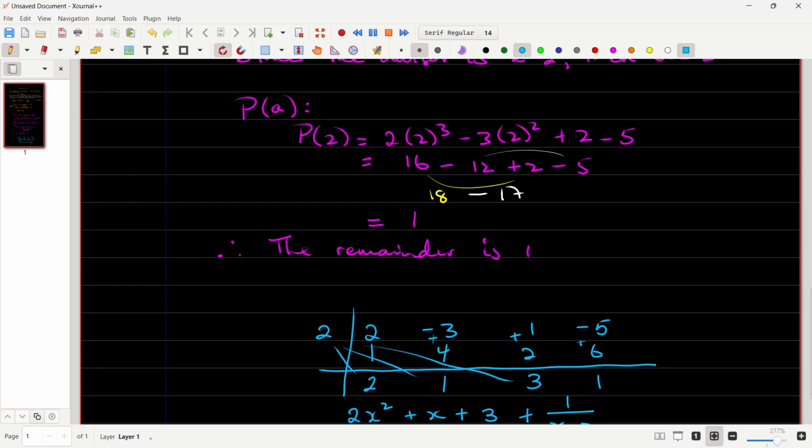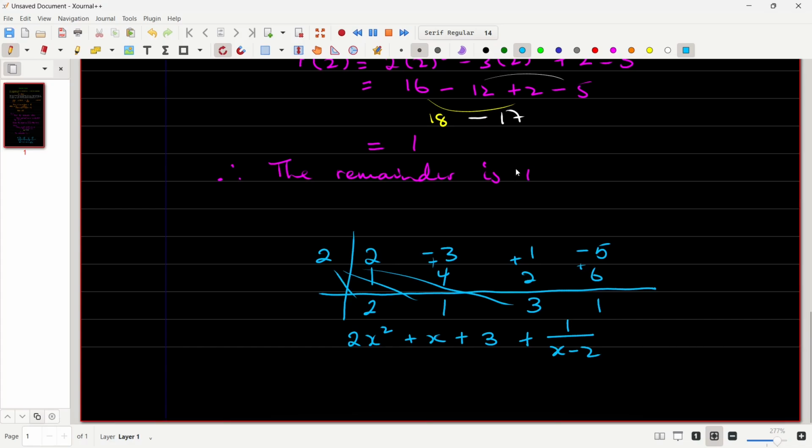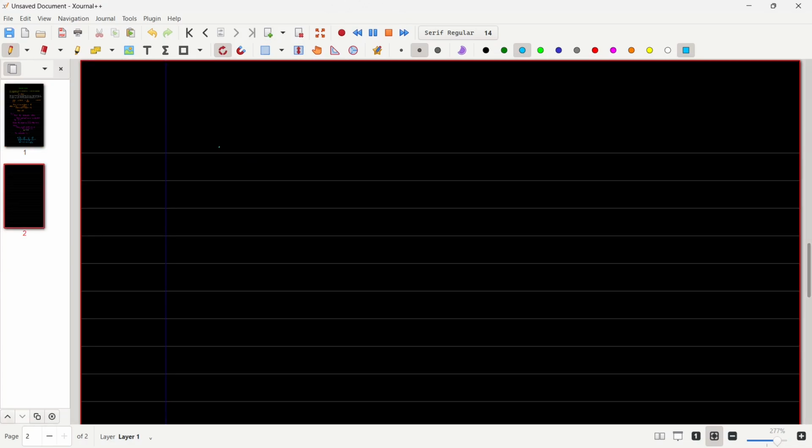Let's look at a couple of examples where we can use the knowledge of the remainder to solve for an unknown coefficient. Let me just put this here, and let's go with the next example, example 2.